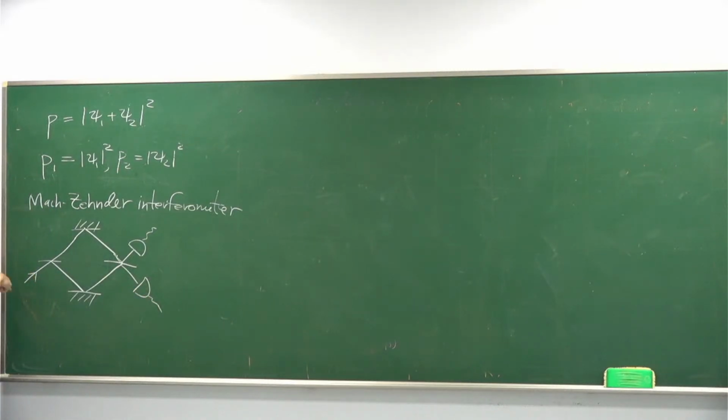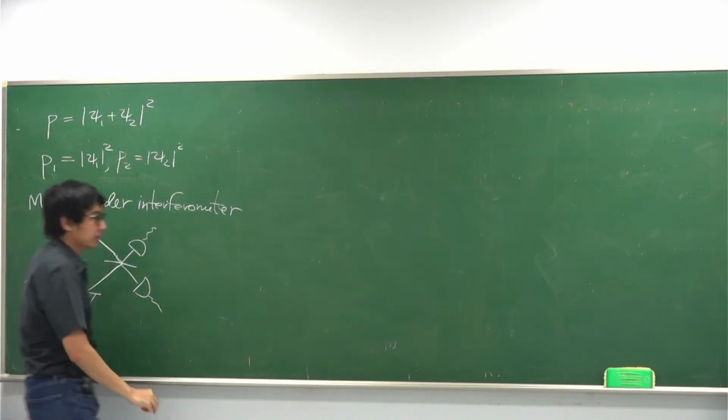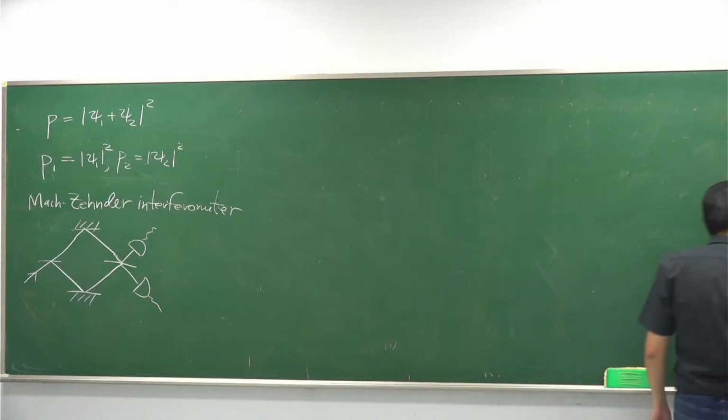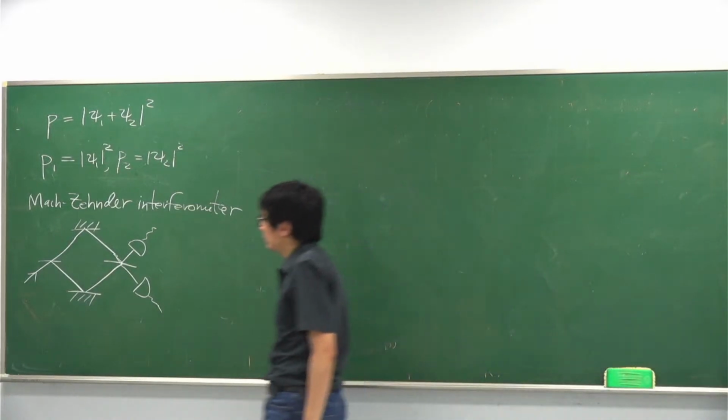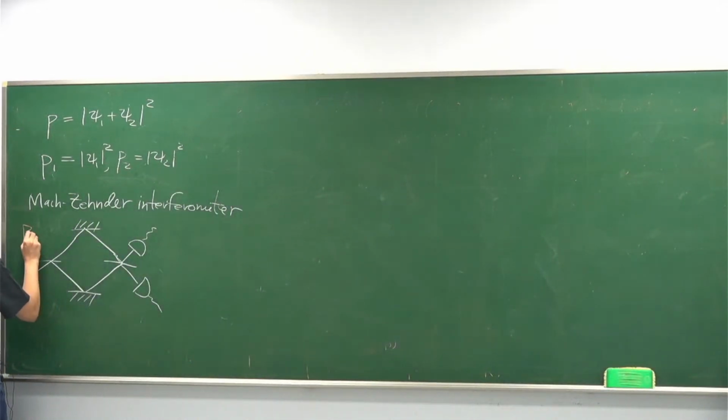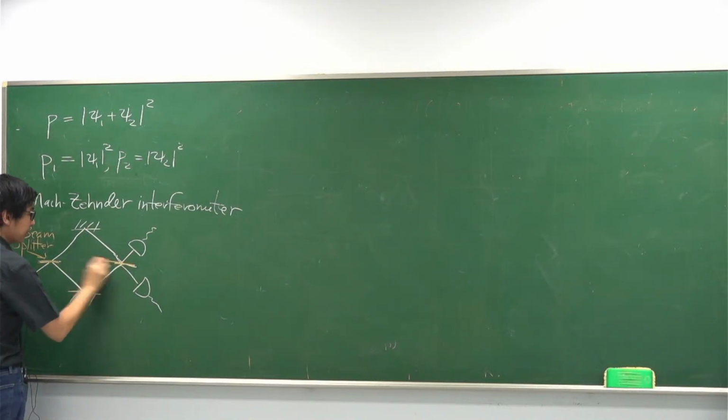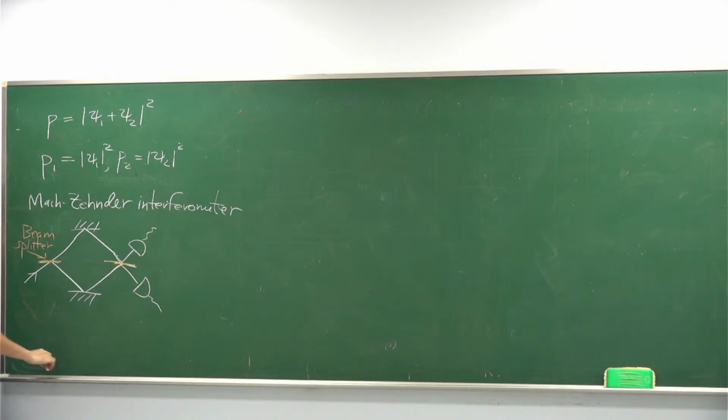If I have a beam of light coming into a beam splitter, so this is a beam splitter, this is a beam splitter, it's split into two beams, right?